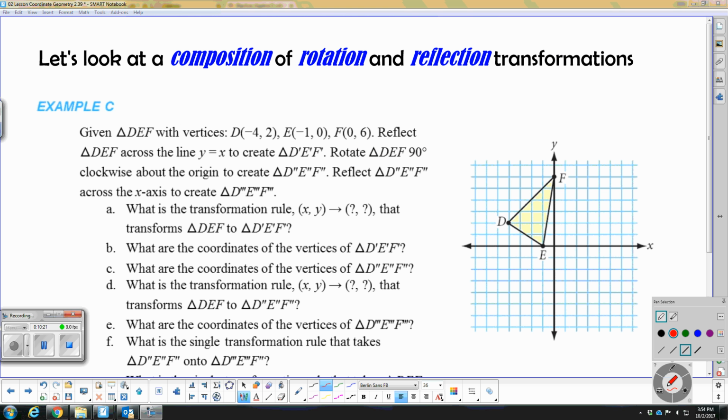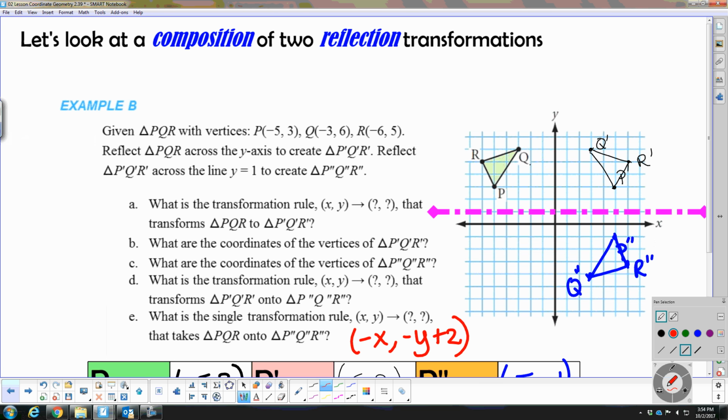In the example that we just did, that general rule is similar to the rule negative x, negative y, which if you look at all of your rules, negative x, negative y is 180-degree rotation.